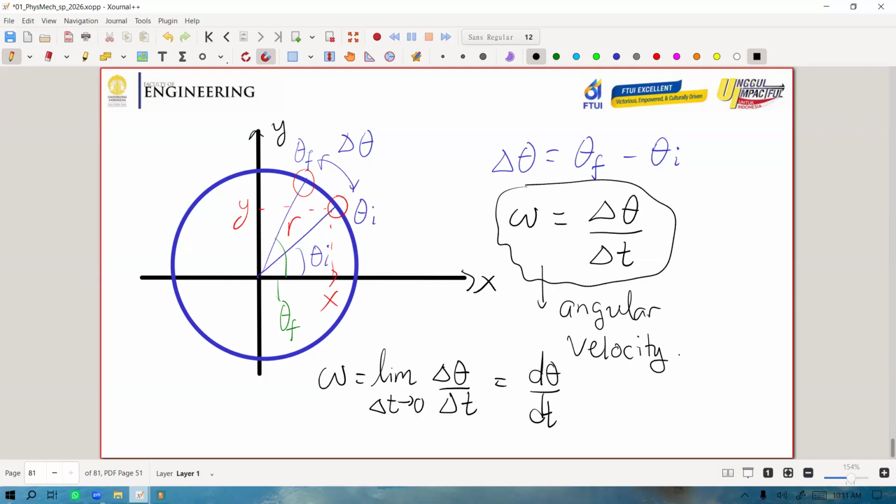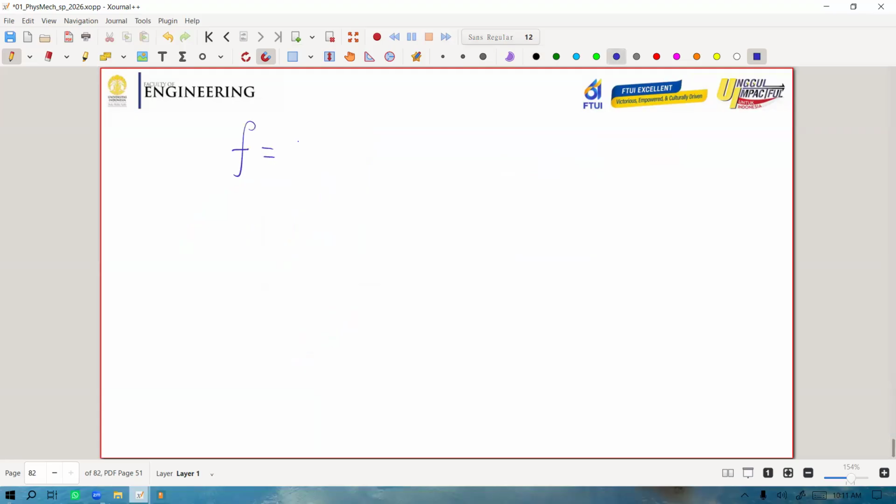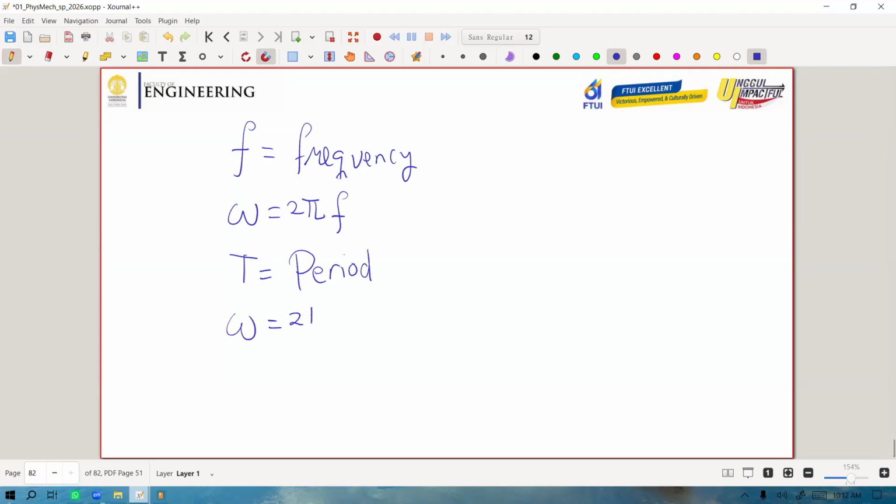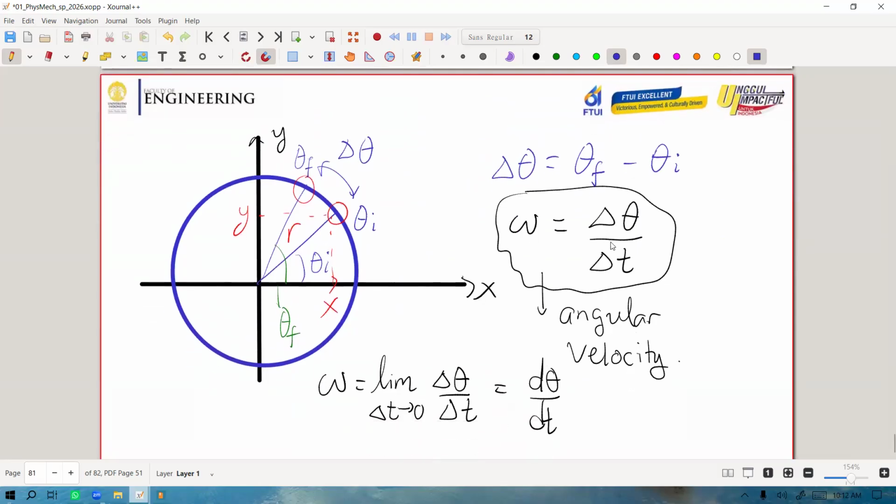This is the relation, along with delta theta divided by delta t.